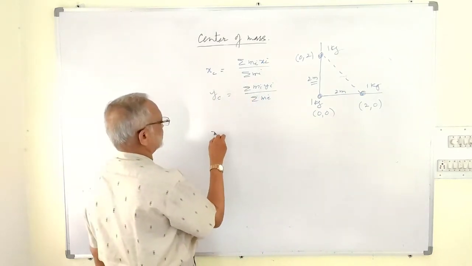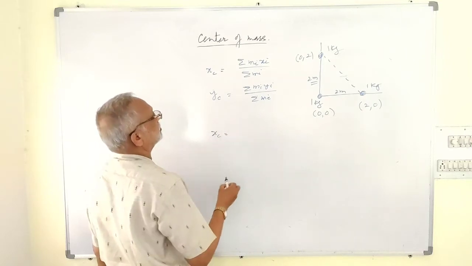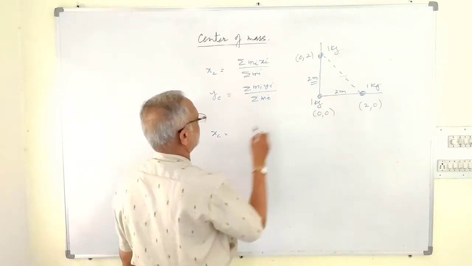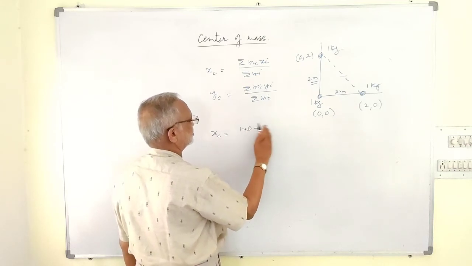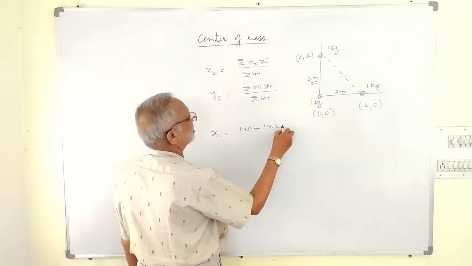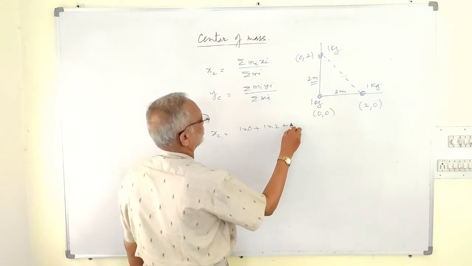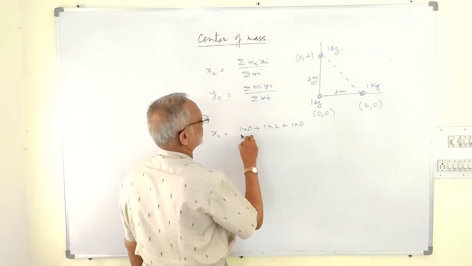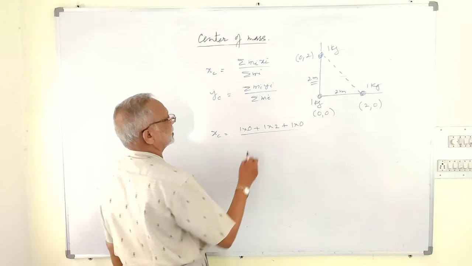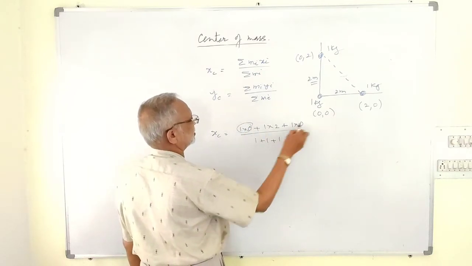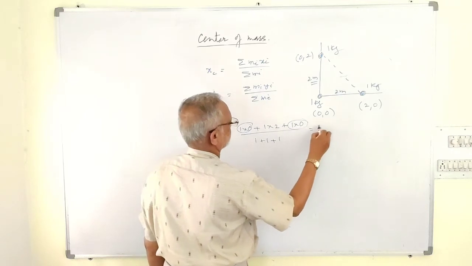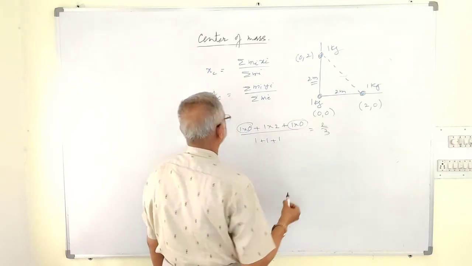Now let us find xc. xc is equal to sigma mi xi, 1 into 0 plus 1 into 2 plus 1 into 0 divided by 1 plus 1 plus 1. This is 0, this is also 0. So the answer is 2 by 3.